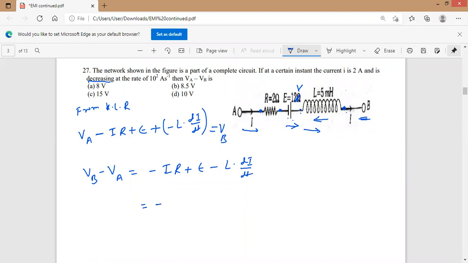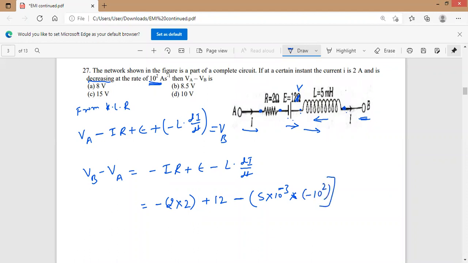Minus I is how much? 2 ampere. Resistance is 2. Minus 2 into 2, plus EMF is 12, minus L is 5 millihenry, 5 into 10 power minus 3, into di by dt. The current is decreasing at the rate of 10 to the power of 2, therefore this is into minus 10 to the power of 2.